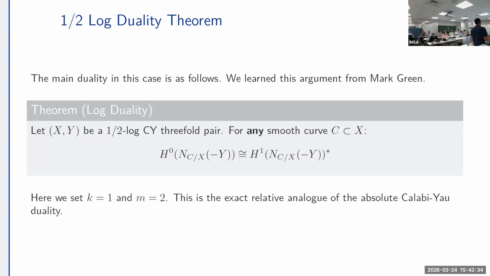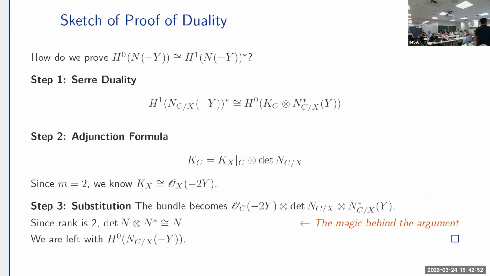Once again, this is the duality I was searching for when we started the talk. I was telling you that with Griffiths and Ring, we were studying this equation, but we didn't have the perfect duality that I was expecting. But in this case, in this one-half log Calabi-Yau, we do have it. And the proof is really what I told here. You use Serre duality at first, then you use the adjunction formula. And the important step here is that the normal bundle is of rank 2.